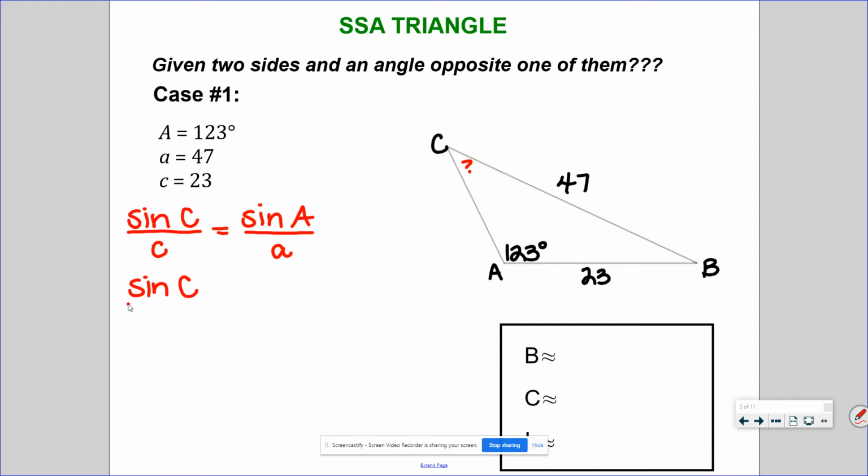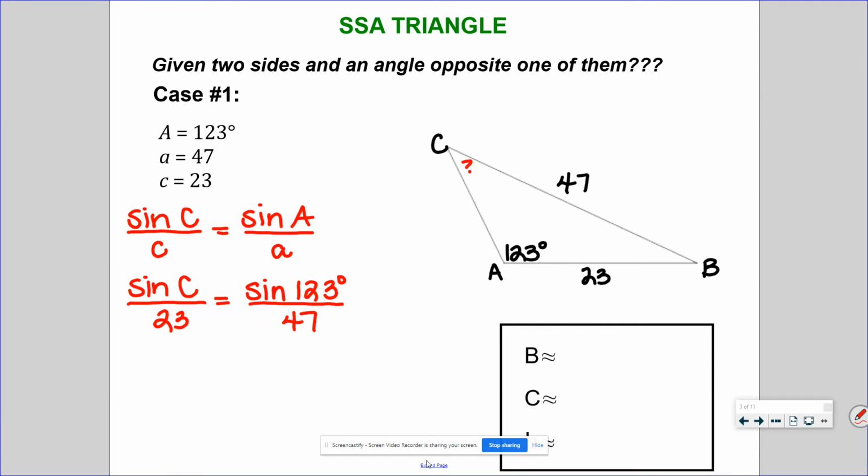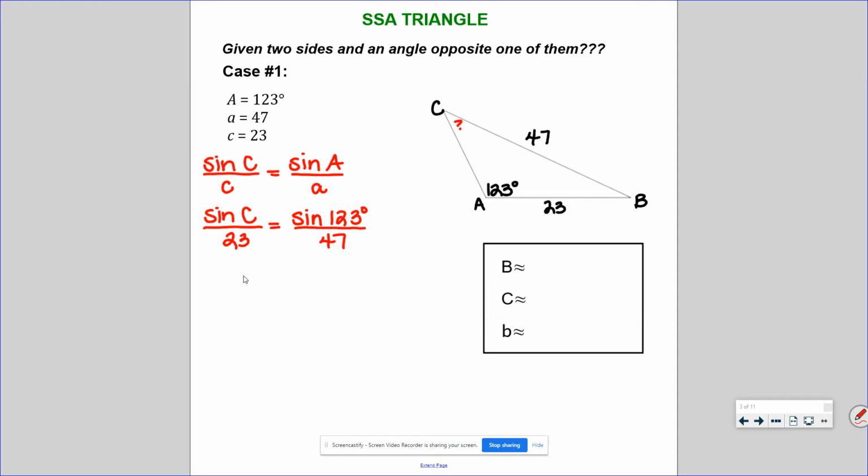So sine C over 23 is equal to sine of 123 over 47. The hard part has been done at this point. You're just going to cross multiply and divide like we did before.